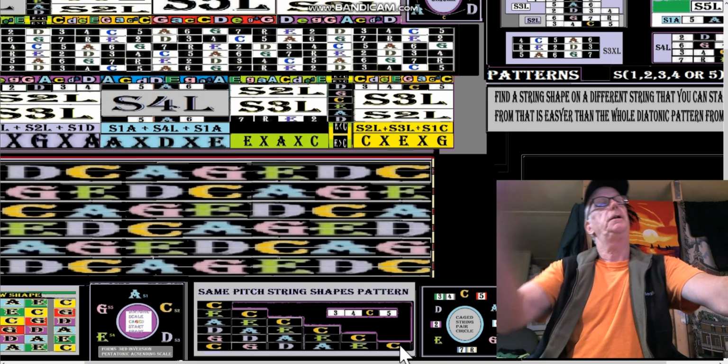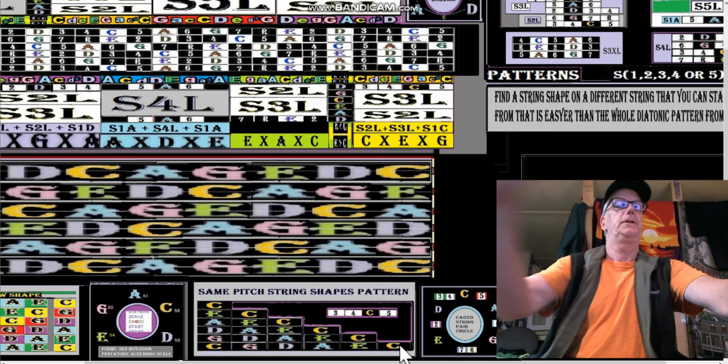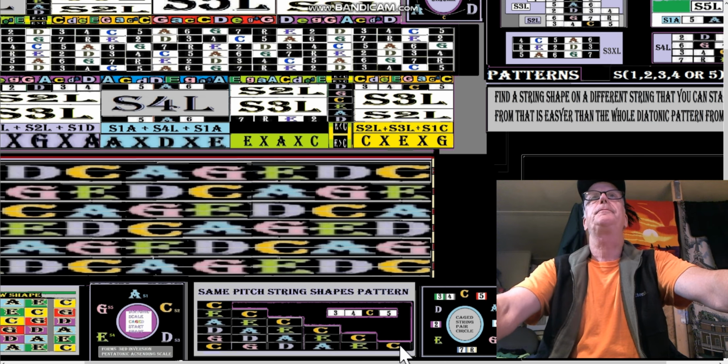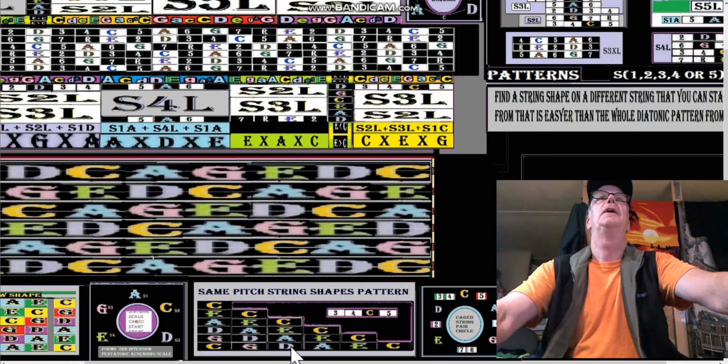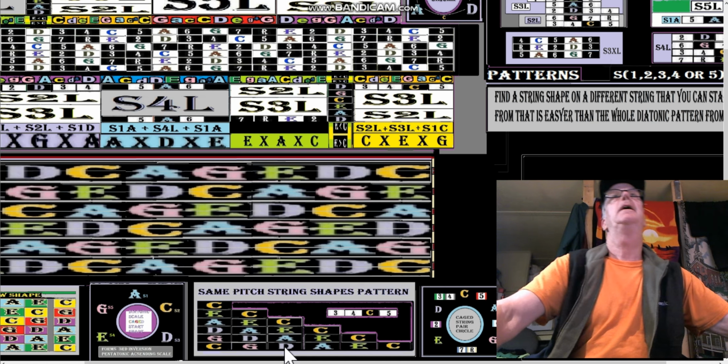You can't do it on piano because that would be a different pitch. And for all 6 strings, my guitar has the C here, but by the time I get to this D here, I'm about done. D for done.